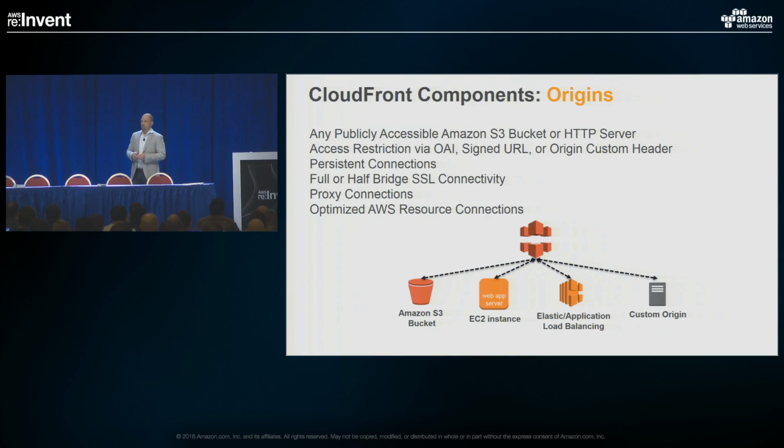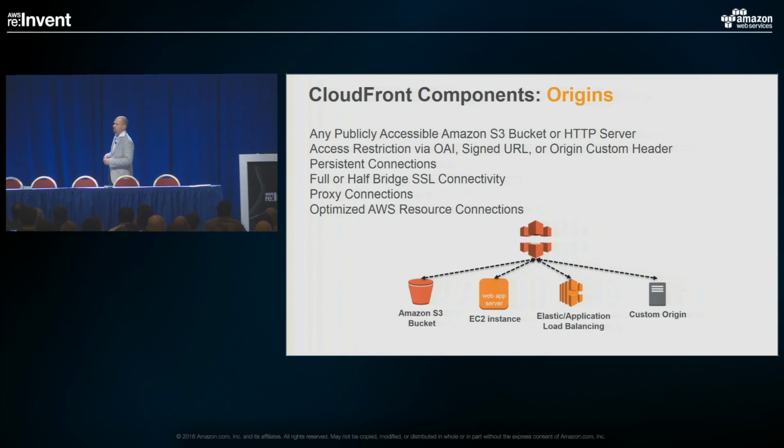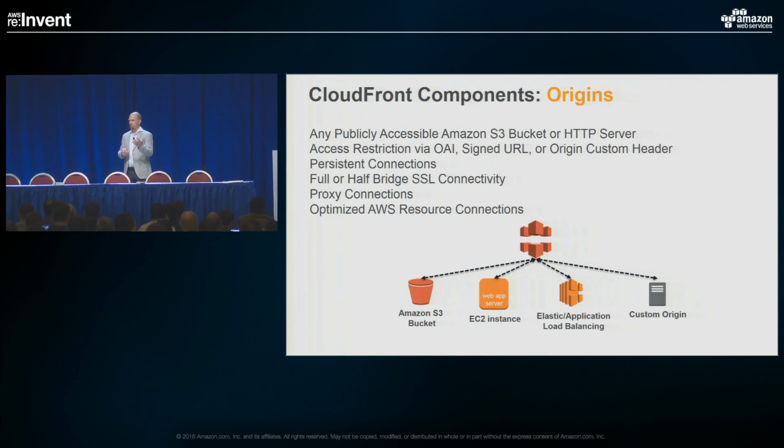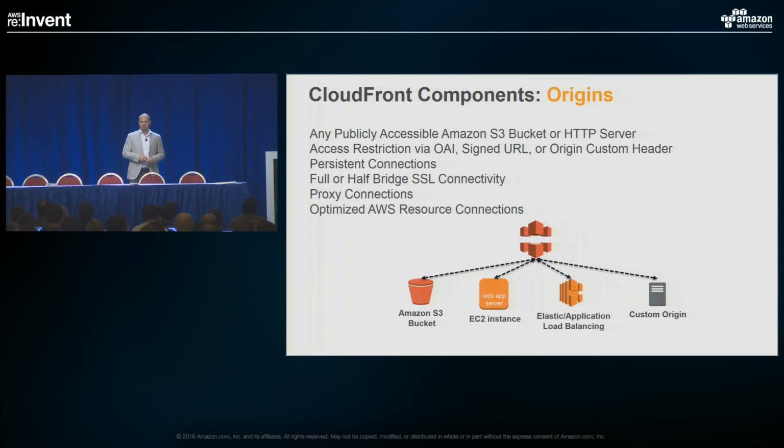CloudFront's really optimized for AWS resources as well. Because it's all on the same network and we're within Amazon resources, we're able to make sure that content between an S3, an EC2, or an ALB origin can get to CloudFront quickly. And in many cases, it's just a couple milliseconds away.